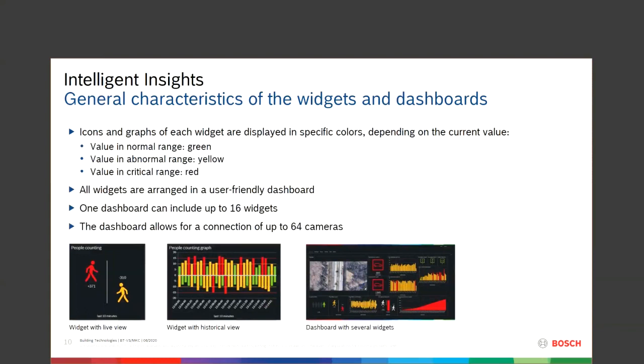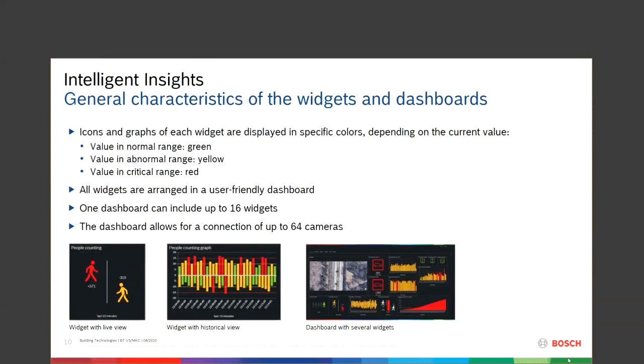This is how the Intelligent Insight interface looks. It has a dark graphite background, and then you can place specific icons or maps on this background. They also come with a color code. If the value is in a regular range, it is green.